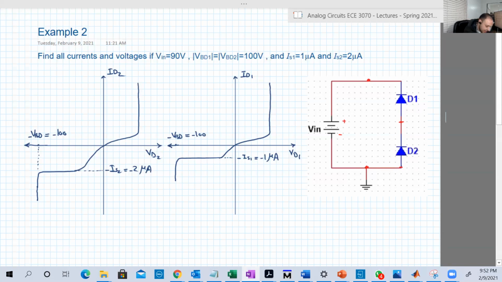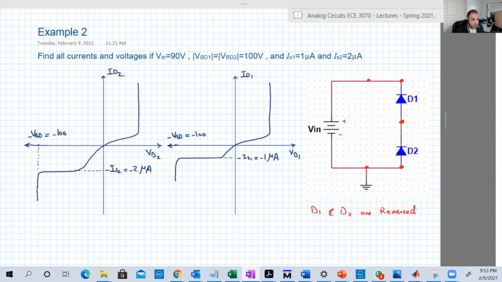Again, this node we expect to have higher voltage than this node, so D1 is reverse. And this node should have higher voltage than the ground, so again D2 is reverse. They are for sure reverse. So by just the first look, D1 and D2 are reversed, and that's very important to know.